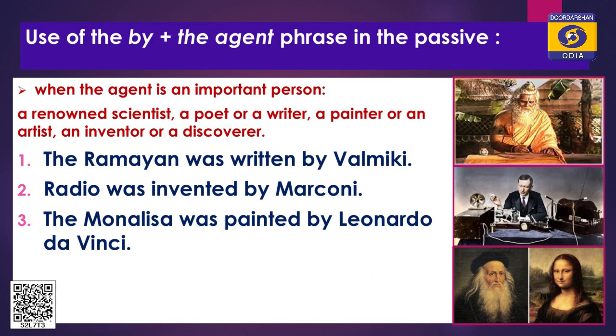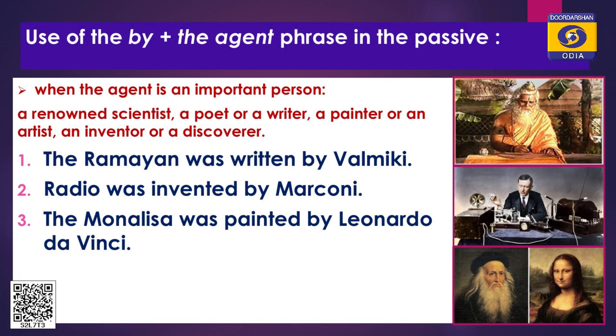Radio was invented by Marconi, you just see the image of Marconi, and the image of Valmiki, right. So, the radio was invented by Marconi. Marconi is one of the eminent, famous scientists, right. So, we cannot ignore this.